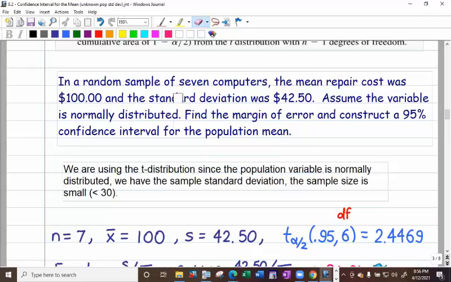Now, in this case, it doesn't have to say the word sample. Might be better if it did. I'll keep that in mind when I'm designing test questions. But because it's part of the same sentence saying that it's from a random sample, that implies that's going to be a sample standard deviation.